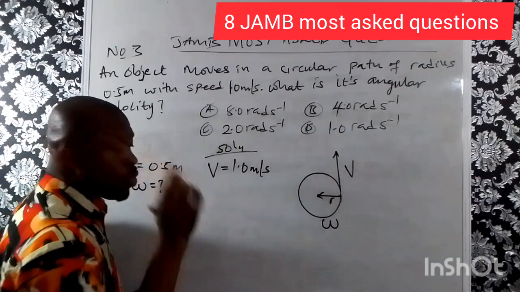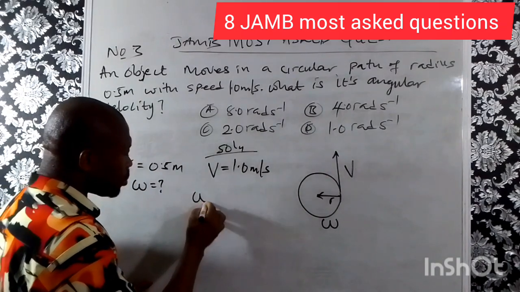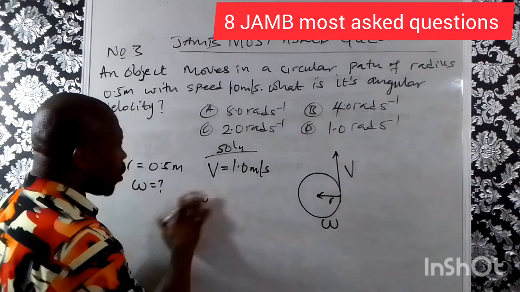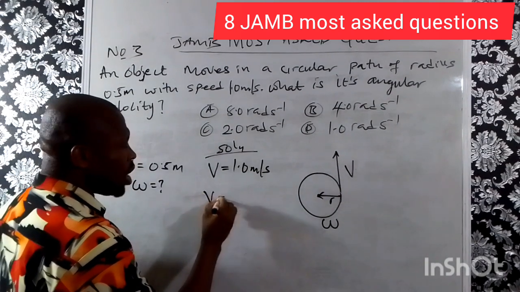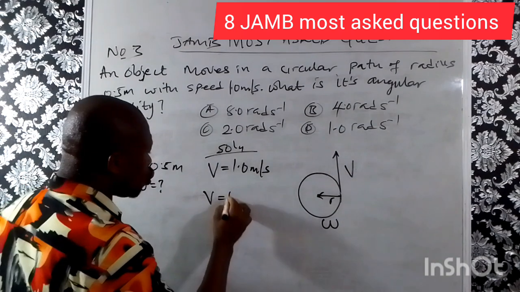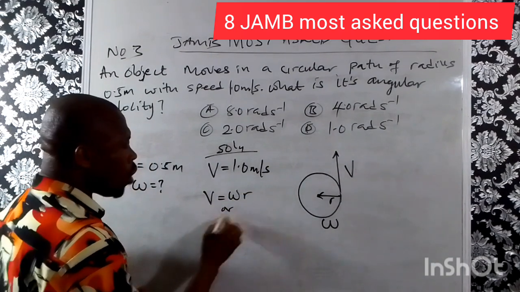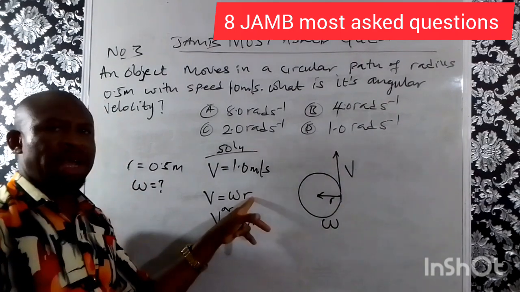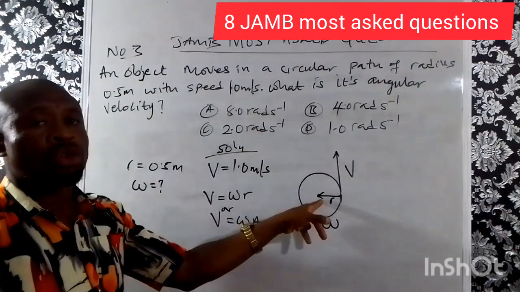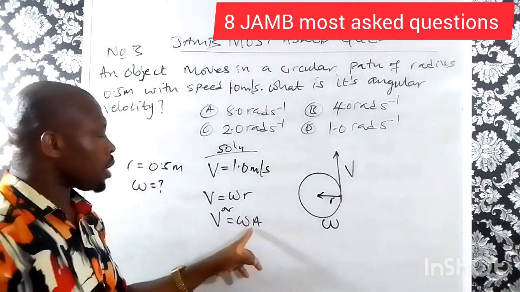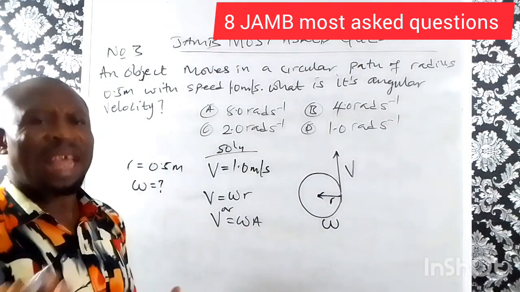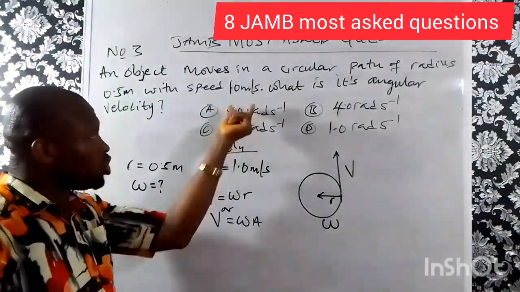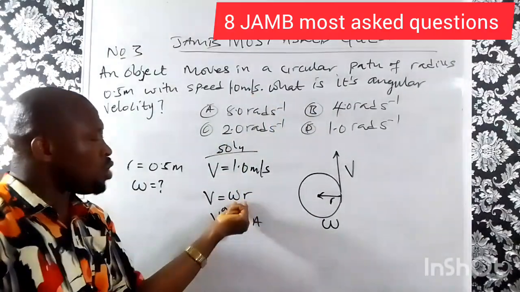One of those formulas says the linear velocity is equal to omega r, or linear velocity is equal to omega a, where r is the radius or the distance, and a is also the distance or the amplitude. So these two formulas are the same. But because they mention radius here, that is why we are using radius.